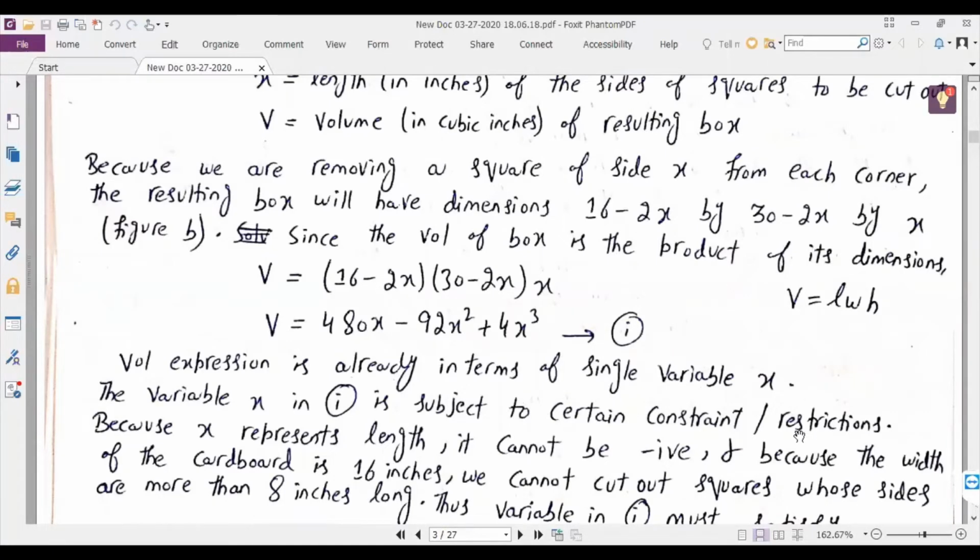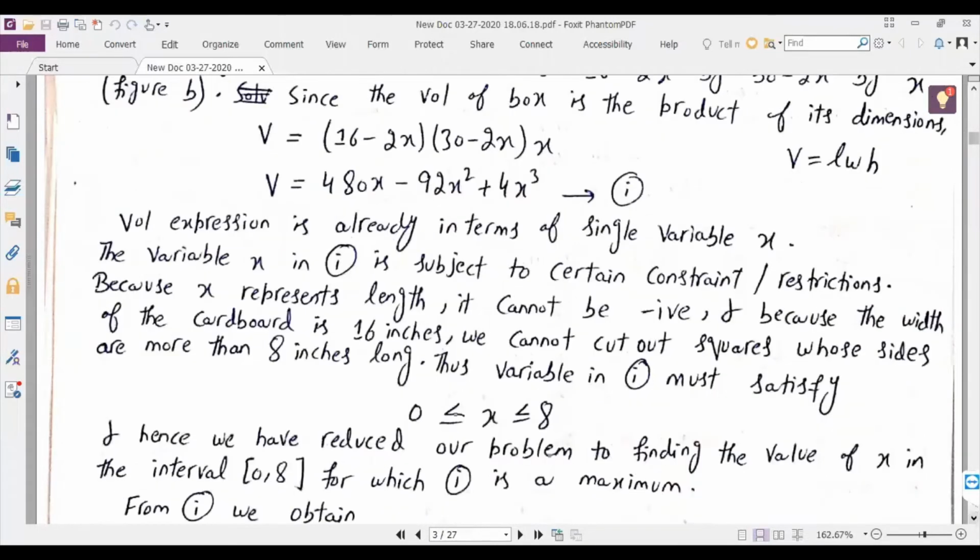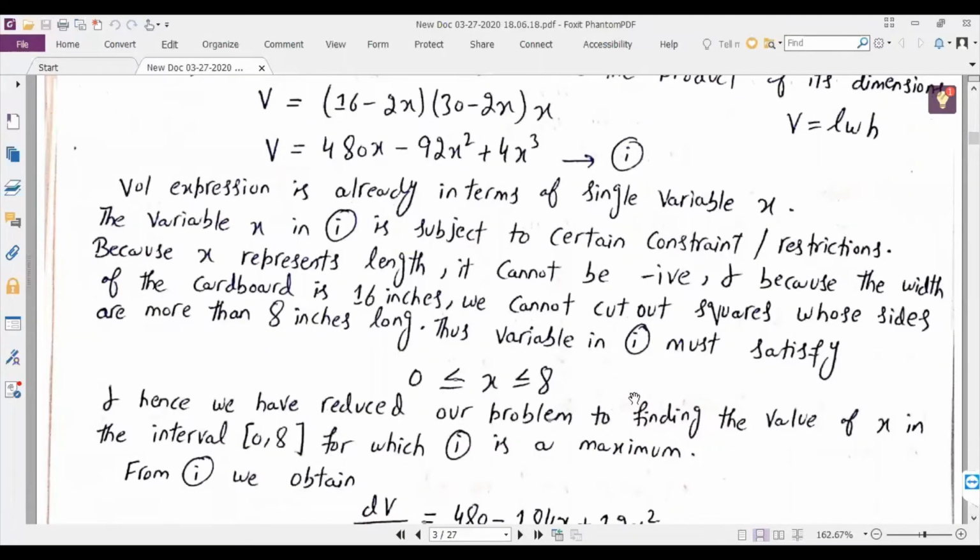The volume expression is already in terms of a single variable, so there is no need to convert it. The variable x in equation 1 is subject to certain constraints. Because x represents length and length cannot be negative, and because the width of the cardboard is 16 inches, we cannot cut out squares whose sides are more than 8 inches long.